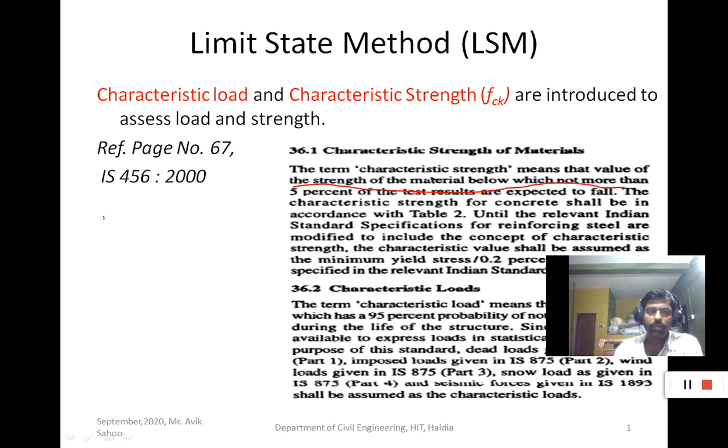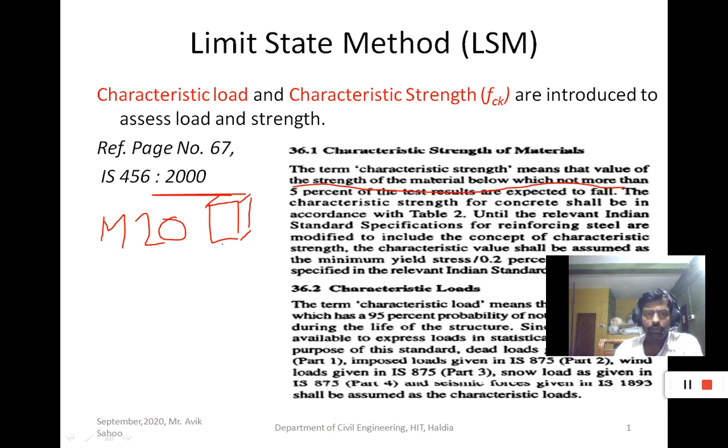So it means, suppose I make an M20 grade of concrete in the laboratory. You know that here a 150 cube is tested, and the strength is measured after 28 days.